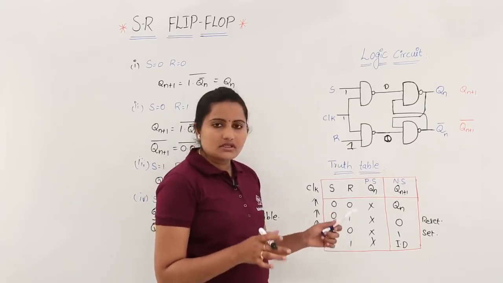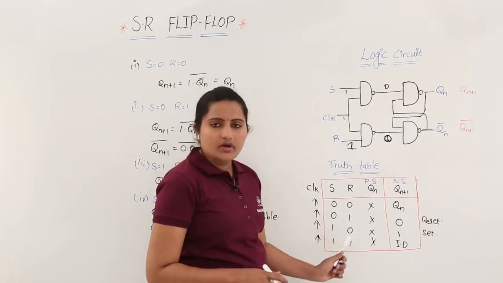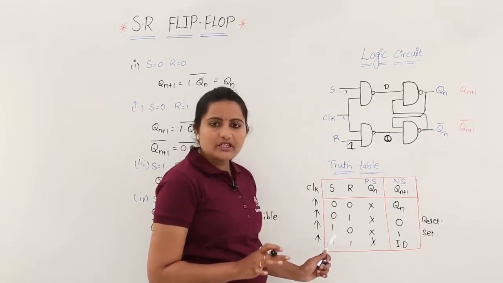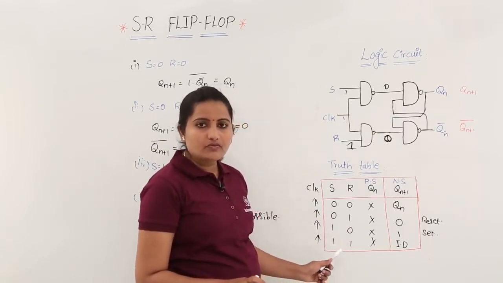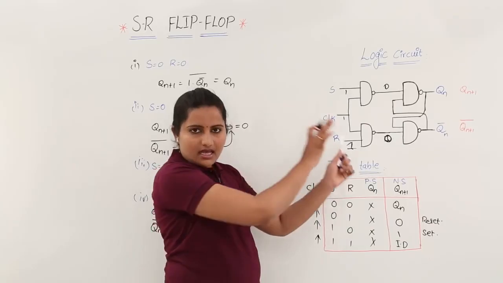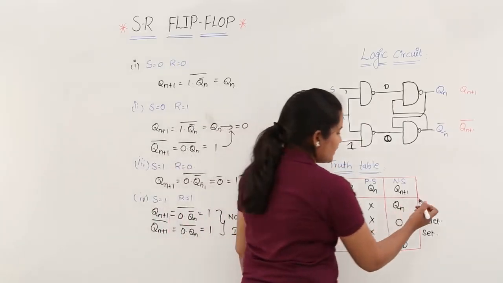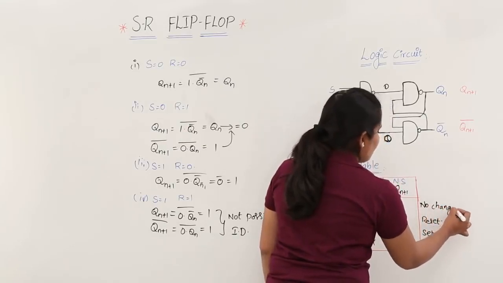If you want to set your flip-flop, then you need to give 1 0. So this state is wasted, that means we are not using the 1 1 state in the SR flip-flop for any operation. This is the indeterminate state, and this is the no change state in the SR flip-flop.